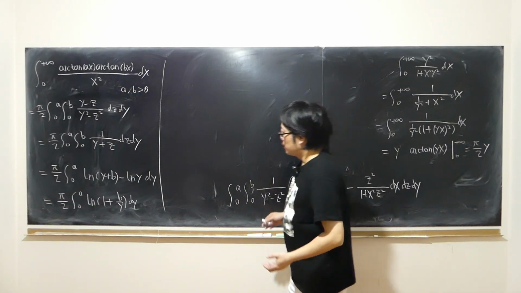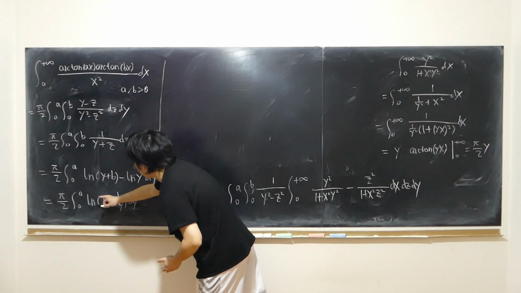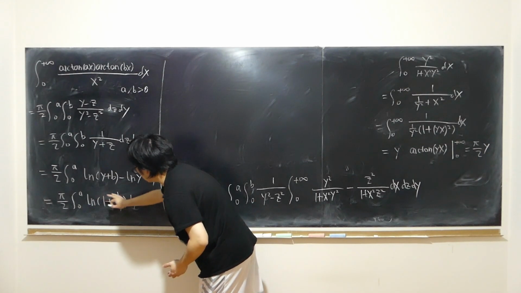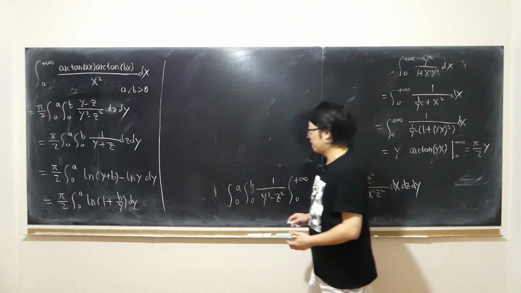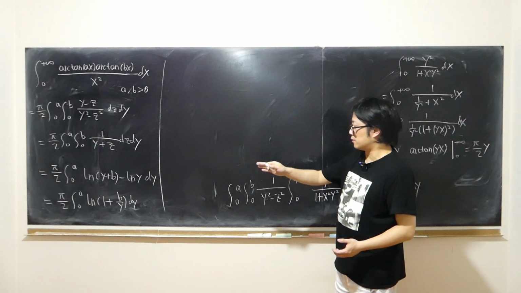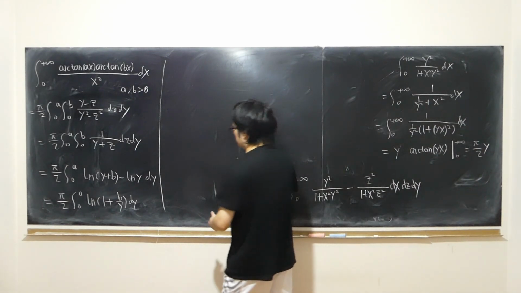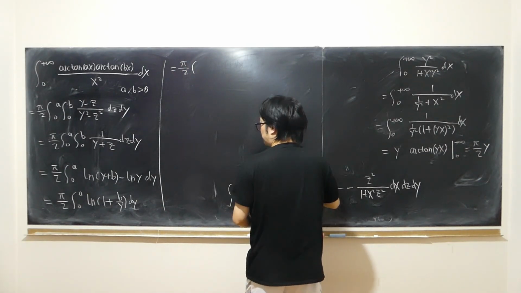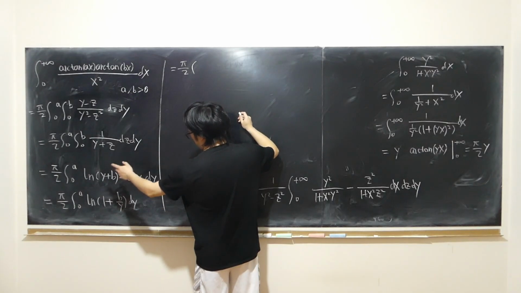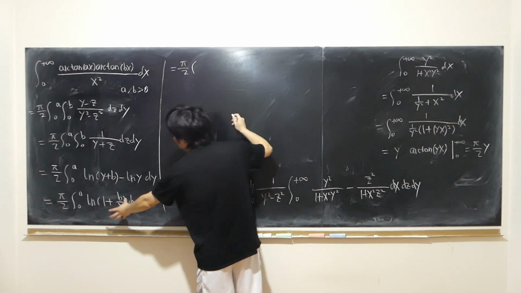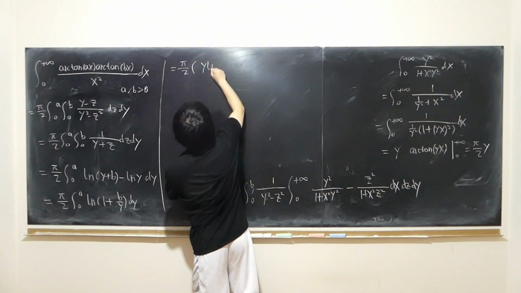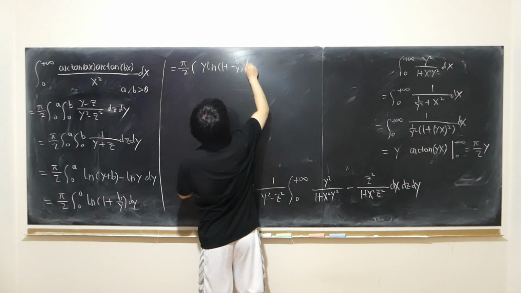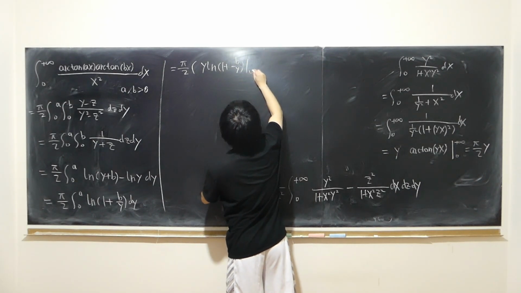So I say this is u, dv is 1. dv is 1, v is y. I say integral by parts. First of all, I have y times this one, log of 1 plus b over y, y equals 0 and a.